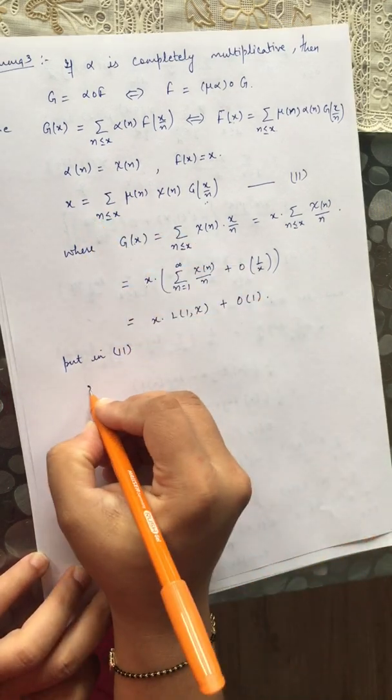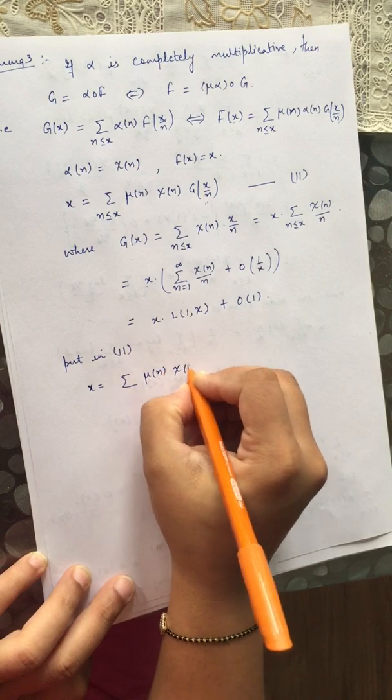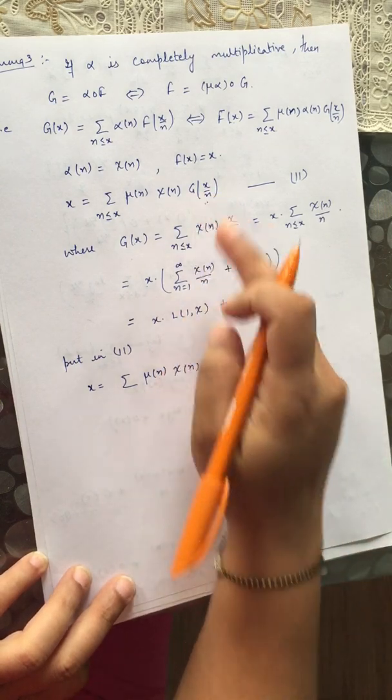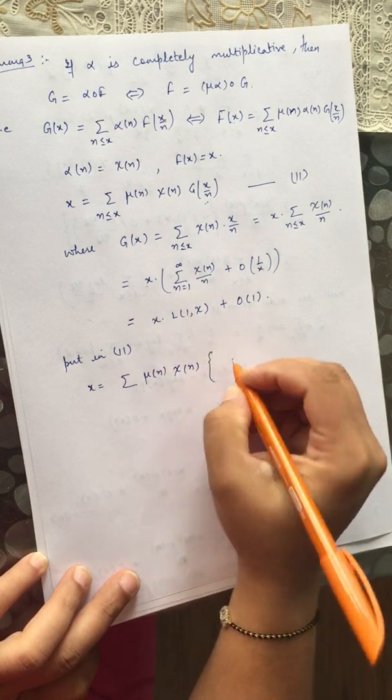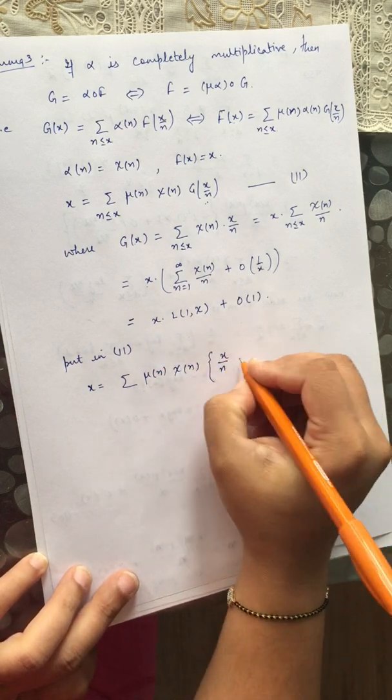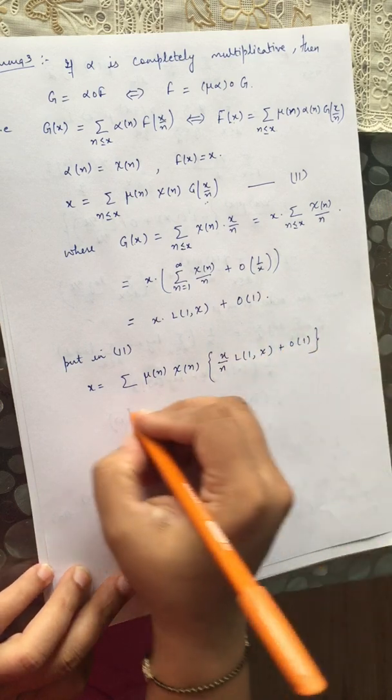Now put in 11. So we will get x is equal to summation μ(n)χ(n) times G(x/n). So G(x) is equal to x into L(1,χ) plus O(1), so G(x/n) is just (x/n)L(1,χ) plus O(1).